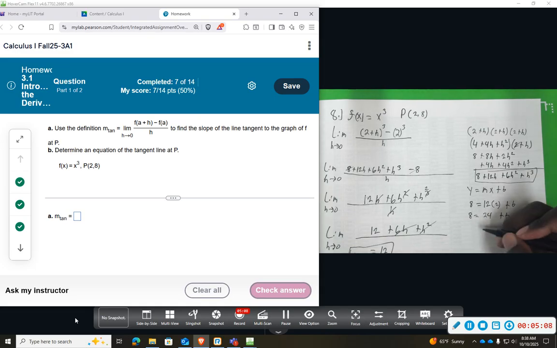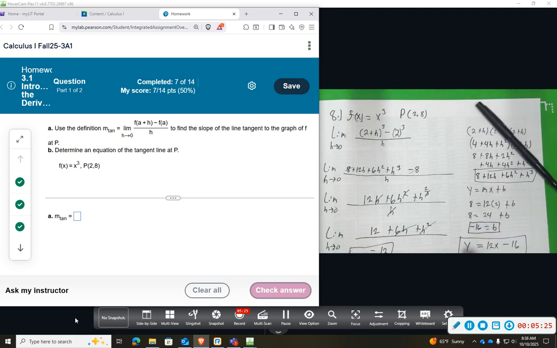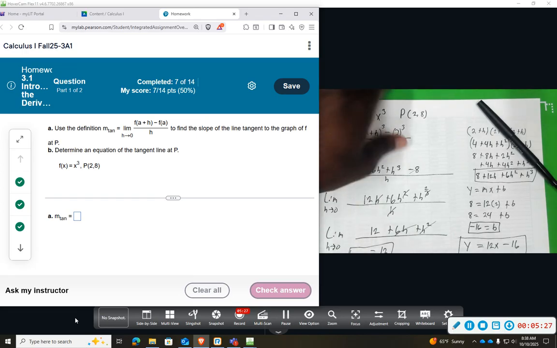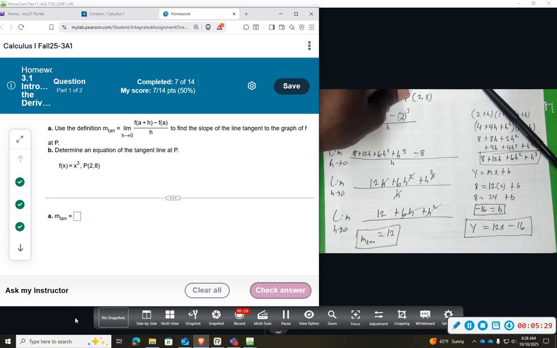We'll subtract 24, and that'll give us negative 16 equals b. So now that we have our slope and our y-intercept, we can write the equation y equals 12x minus 16. So this will be the equation of the tangent line.